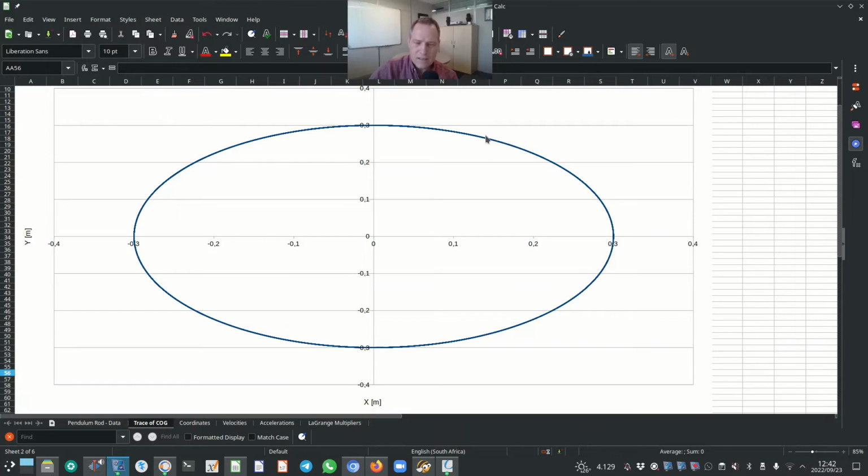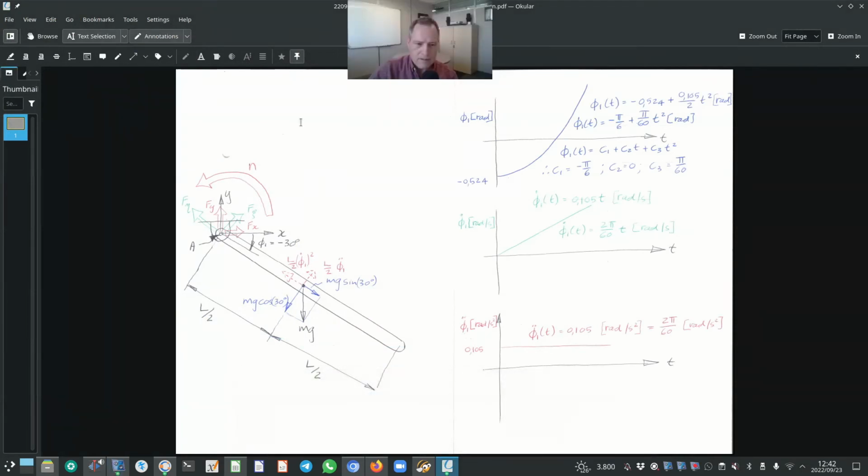So this is exactly what we expect for our pendulum rod, rotating counterclockwise. If you remember, the total length is 600 millimeters or 0,6 meter. So the radial distance from point A to the C of G is 0,3 meters or 300 millimeters. So that's why the trace of the C of G is exactly as expected.